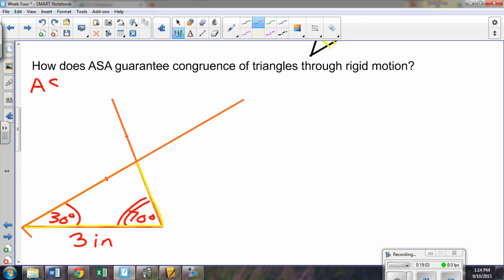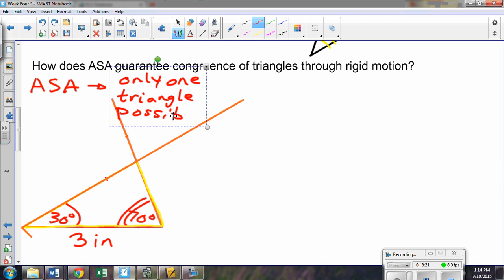Okay, angle, side, angle. When we worked with this part, what this part went to show us as an example is if we have the conditions for angle, side, angle, there was only one possible triangle that could be drawn.